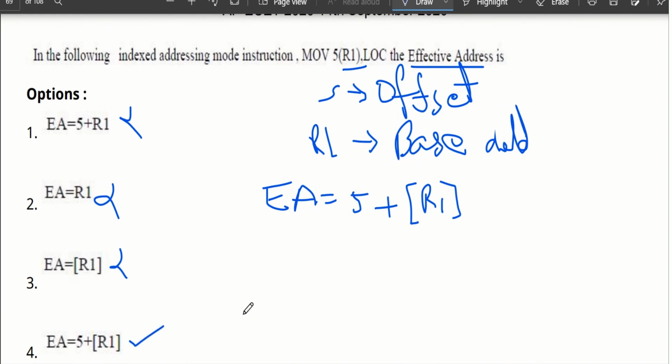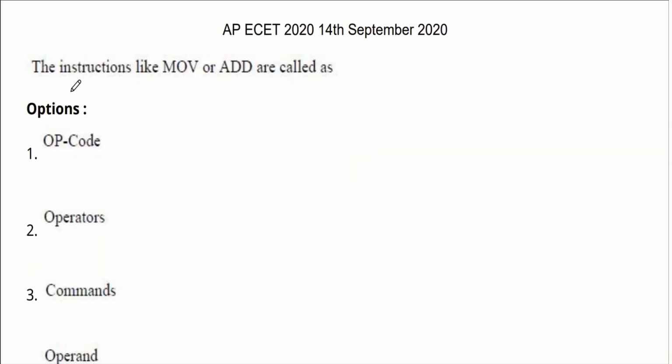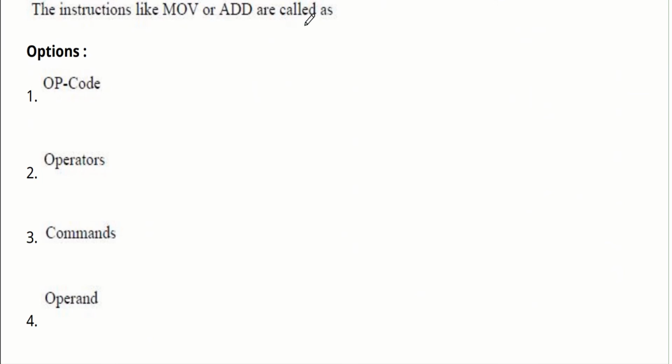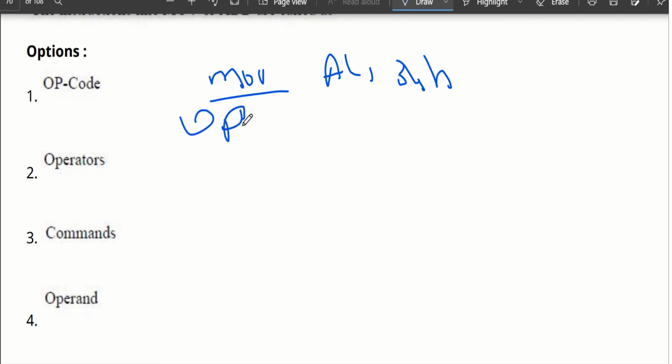Now let's get into our next question. It's the final question. The instructions like move or add are called as. For any instruction, we will have an opcode and operands. For example, let's take MOV AL, 34h. This is called the opcode, and these are the operands.